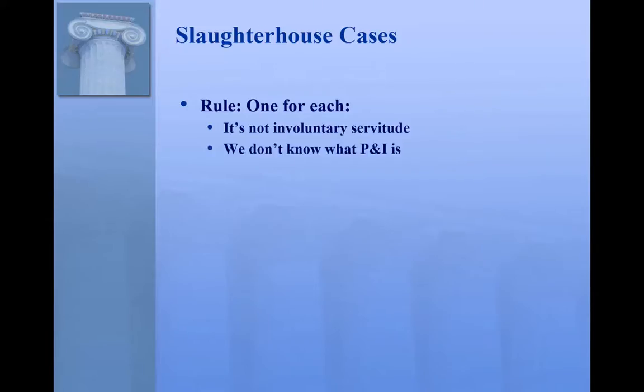Secondly, they basically say, we don't know what privileges and immunities are, but a right to practice your livelihood is not a privilege and immunity under the 14th Amendment. And that's almost the last time the Supreme Court has really said much at all about the Privileges and Immunities Clause.